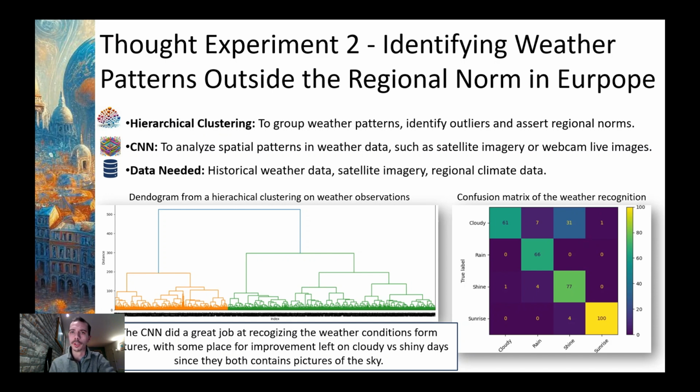We see it on the confusion matrix on the right of the screen. For cloudy and shiny, it had a few misrecognitions, but quite few. Since both categories had many pictures of skies, with some fine tuning, we could make the CNN work even better.